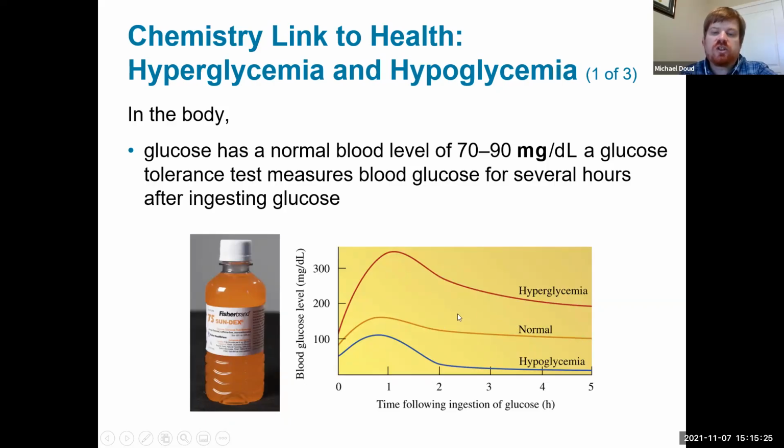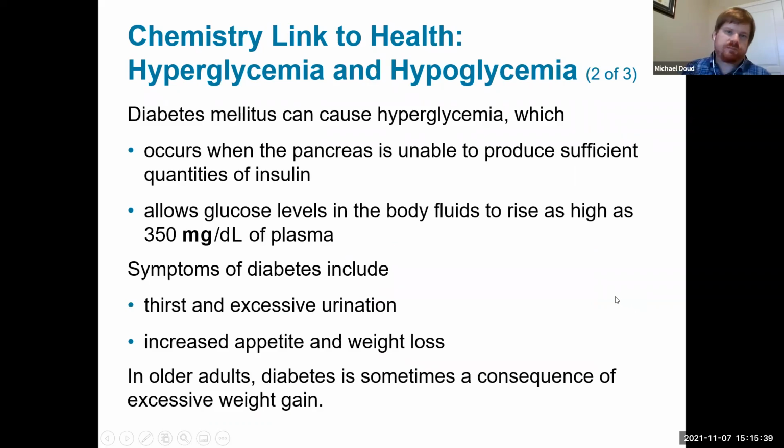If you have the condition of hyperglycemia, the blood glucose shoots way high up and then never recovers to the normal level. Hypoglycemia, basically you have a small bump and then return to very low levels. So diabetes mellitus can cause hyperglycemia, where the pancreas is unable to produce insulin.